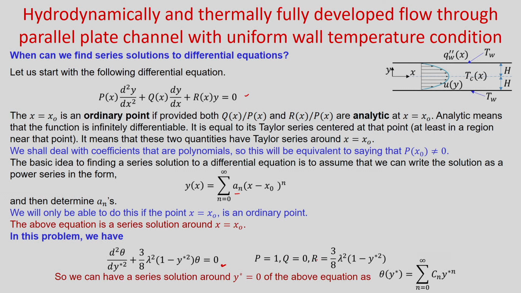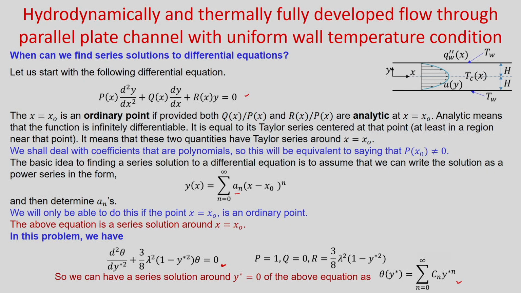So, x equal to 0 is an ordinary point, and we can have a series solution around y star equal to 0 of the above equation, as theta(y star) is equal to the summation of n equal to 0 to infinity C n y star to the power n, because you have seen that q by p and r by p are analytic. So, we can find the solution of this equation as a series solution, and this series solution we will consider.